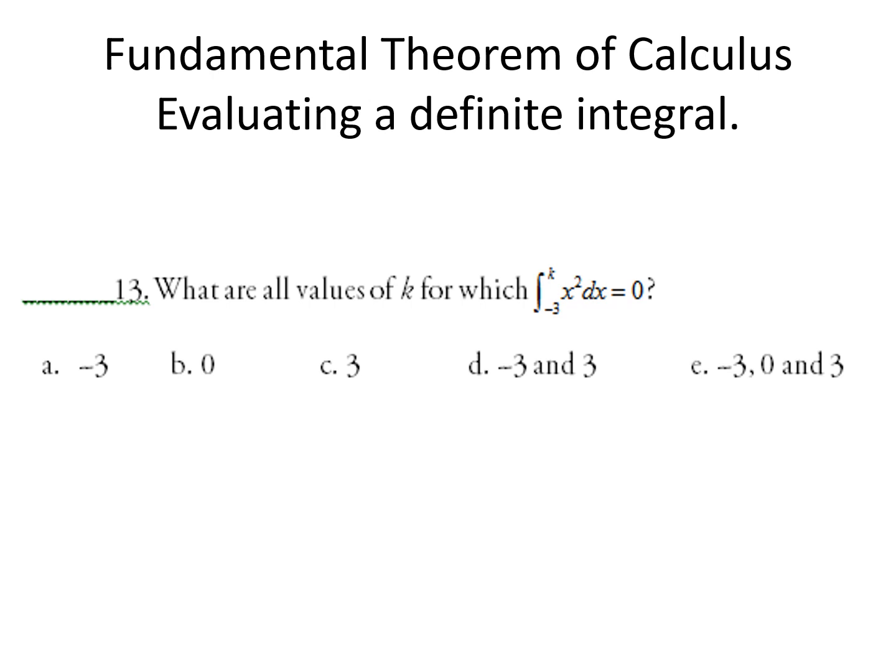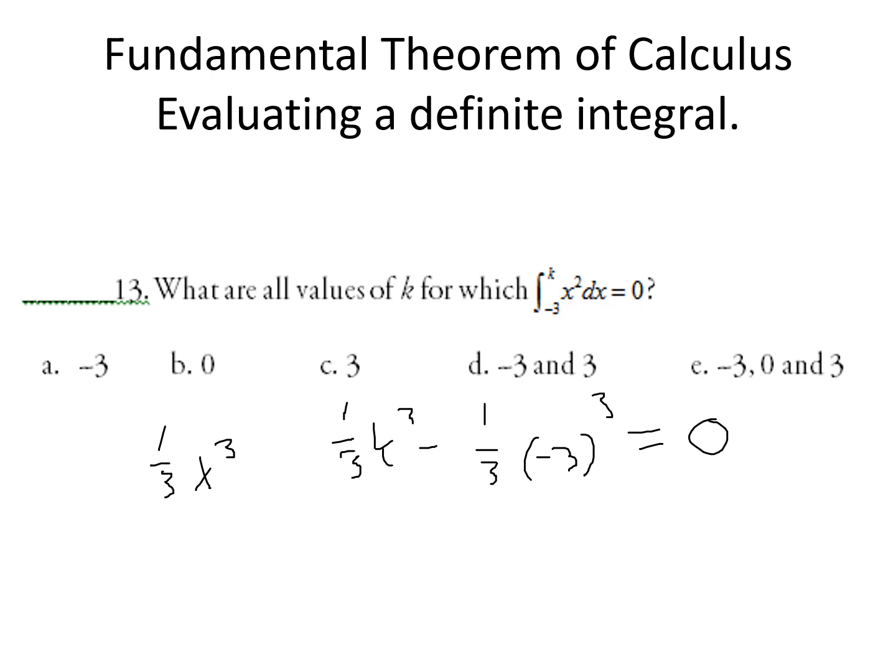13. What are all values of k for which...? Okay. So this one, we know the integral of x squared is 1/3 x cubed, and this is going from negative 3 to k, and it equals 0. So we know that this would be 1/3 k cubed minus 1/3 negative 3 cubed has to equal 0.